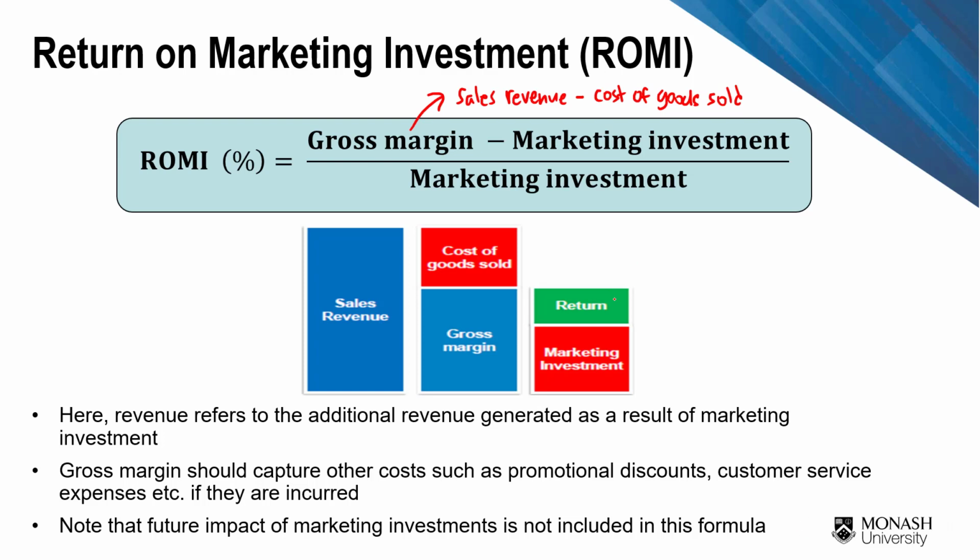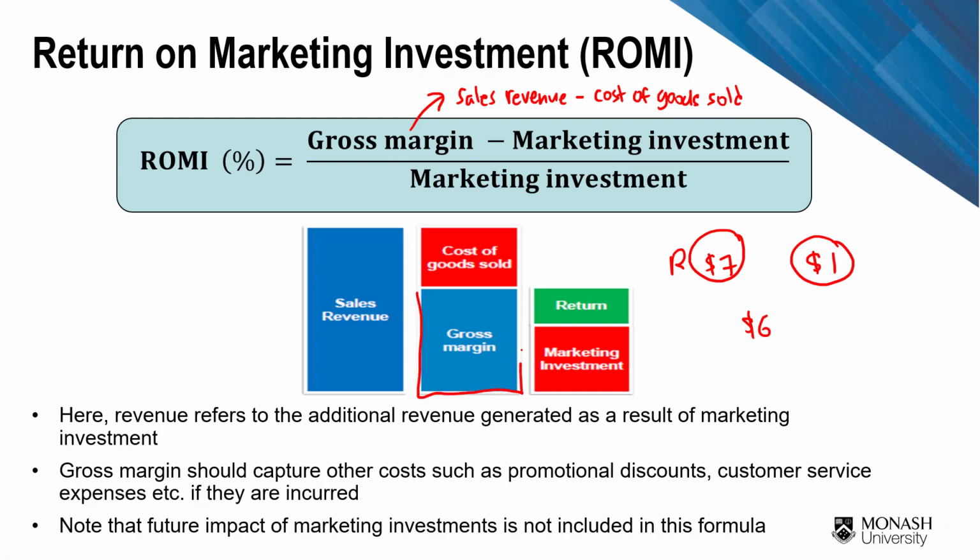Say you sold these goods at $7, which is your revenue from this particular good, but you actually purchased that good for $1. So this is your cost of goods sold and this is your revenue, so your gross margin is $6. This is what ROMI is for. This is your gross margin right here.